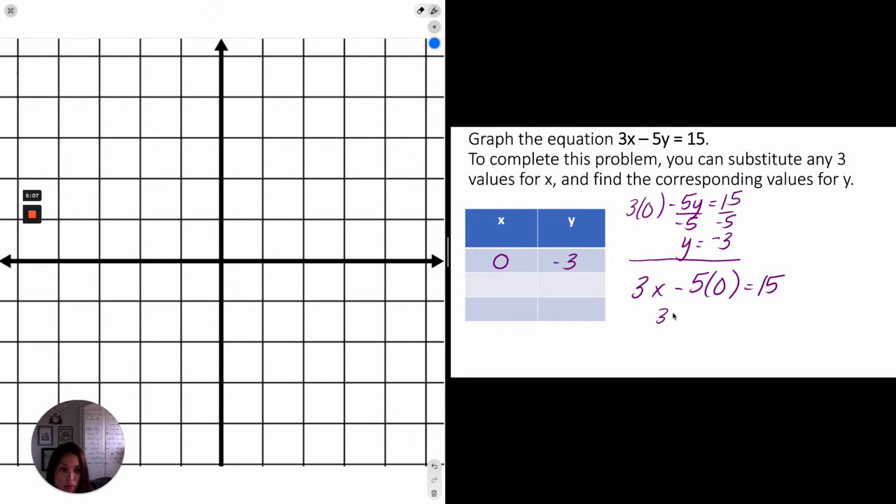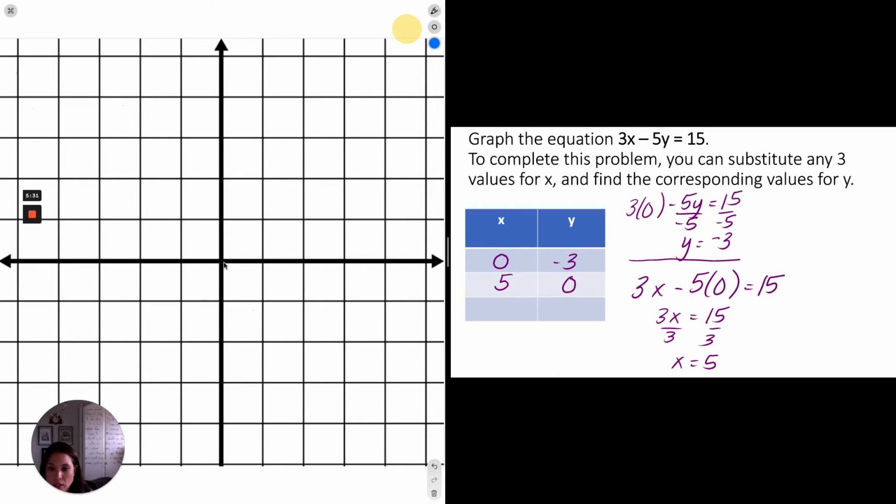So now I have 3x equals 15, divide both sides by 3, and I get x equals 5. So when y is 0, x is 5. And you know what? All you need is 2 points to draw a line. So I already have the information I need, and I'm going to draw my line.